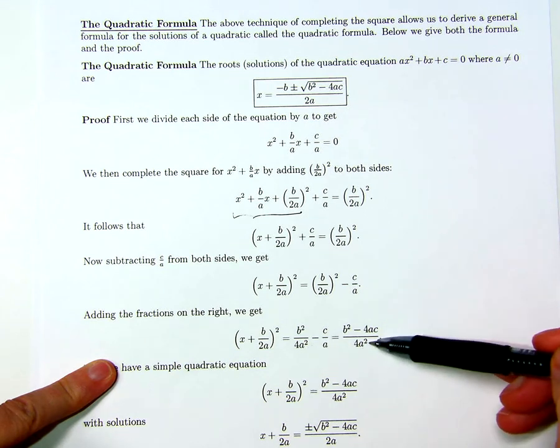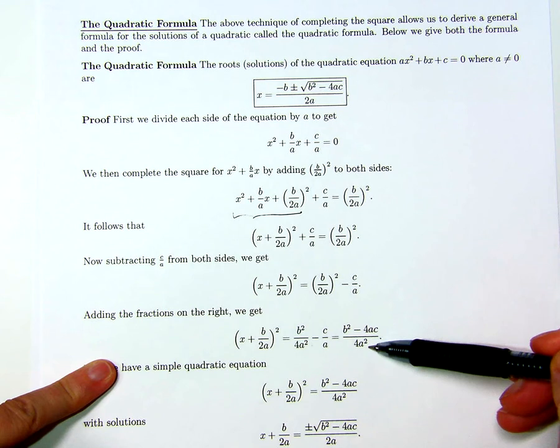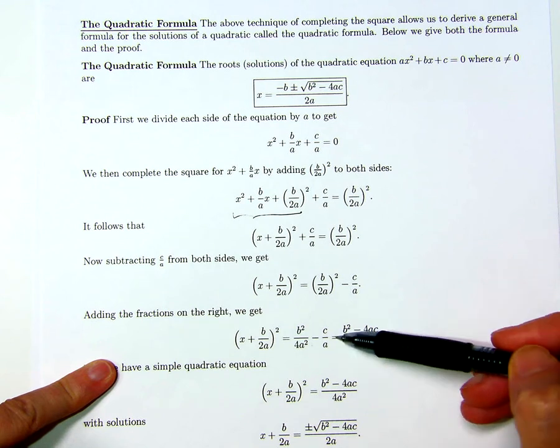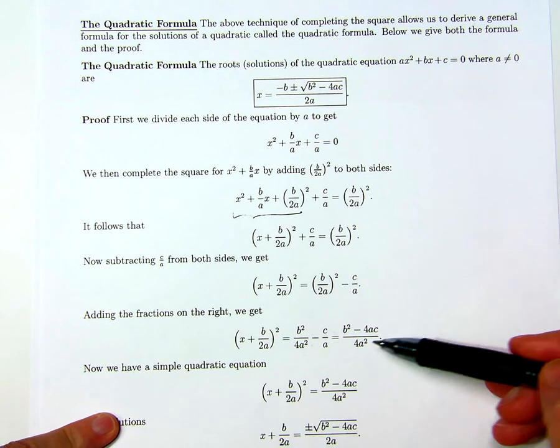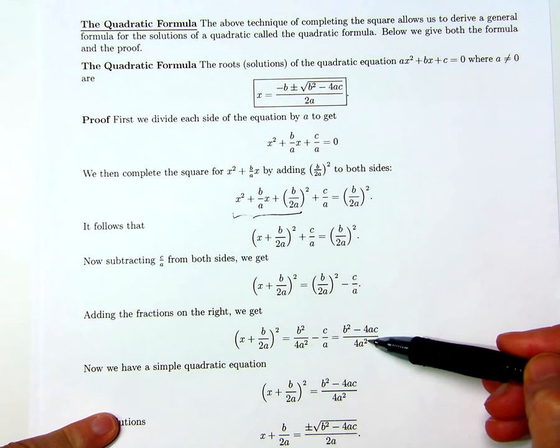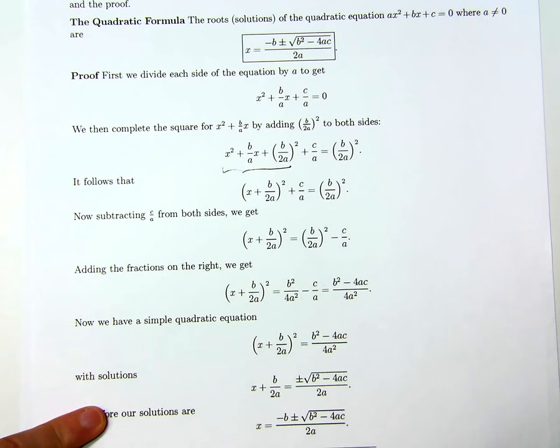And adding this fraction, we have a into 4a squared equals 4a times, so we get minus 4ac over 4a squared as minus c over a. Now it is starting to look like the quadratic formula. We now have an equation x plus b over 2a squared equals b squared minus 4ac over 4a squared. And this is a simple equation.